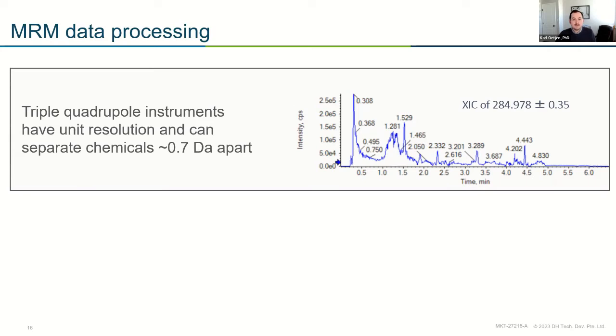So we're just looking for a parent mass. And what you see is a really noisy spectrum. And there are a lot of peaks here. Our peak of interest is here, but I couldn't tell you which one of these peaks it was. I might think maybe the 1.5 minute retention time peak, but I obviously wouldn't be very confident. I would be 0% confident that that truly was it without a standard.